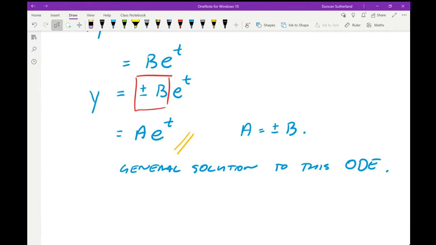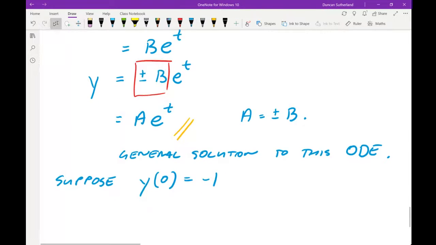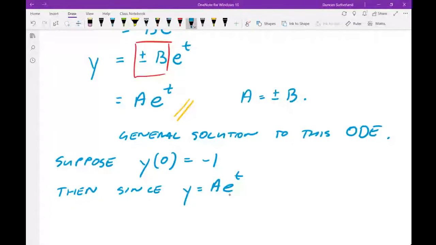If we were given an initial condition, we would be able to find a particular solution. Suppose y naught equals -1. Then, since y equals a e to the t, -1 equals a e to the 0.